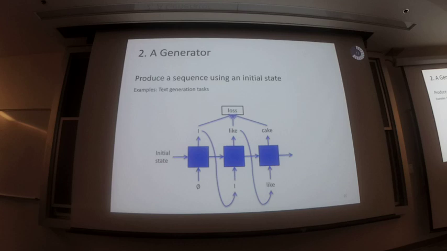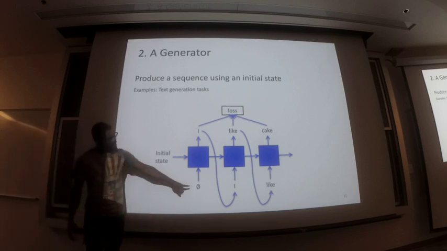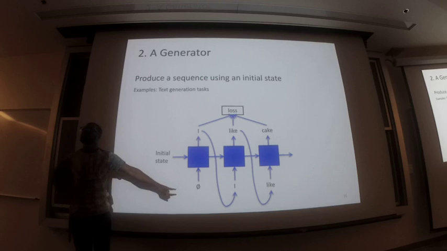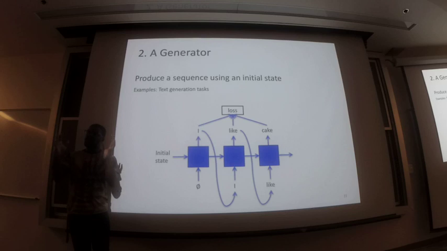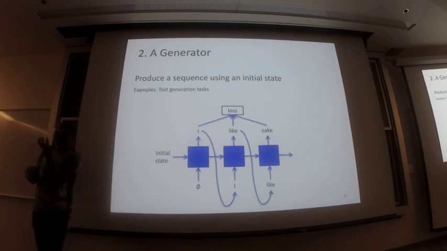So for a text generation task, you could have this, where for instance we want to generate text like a story. After you train on a corpus of fairy tales, you want to let your network generate text that also has the probability distribution of the fairy tales it has learned.